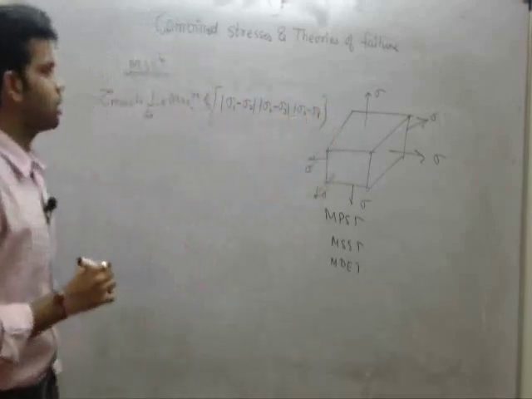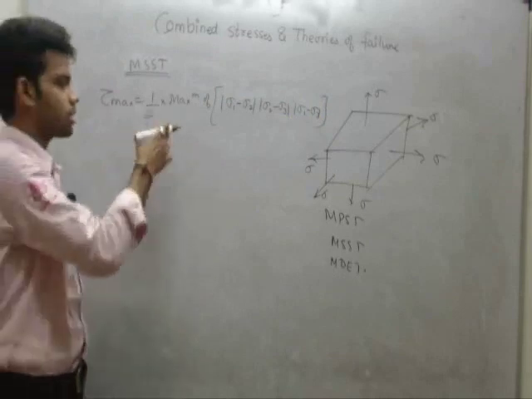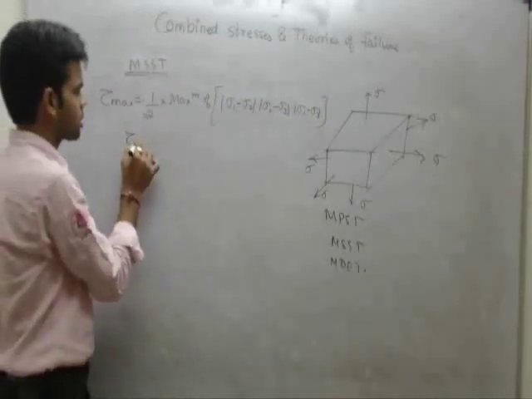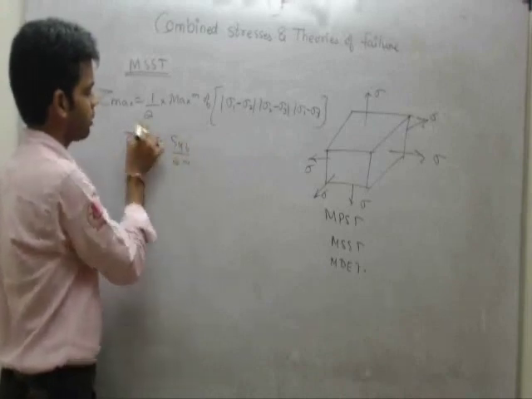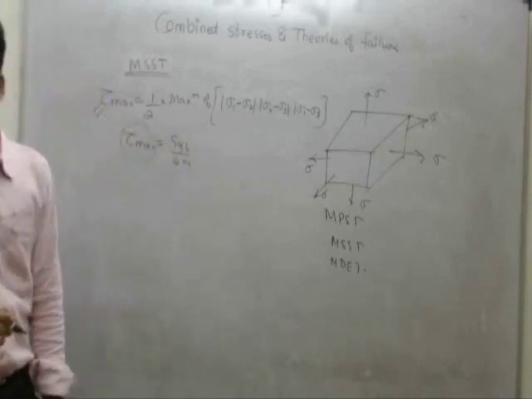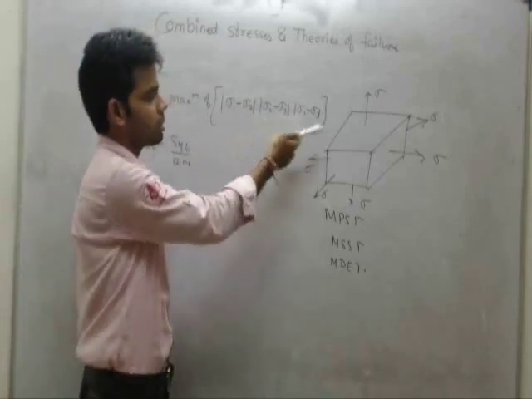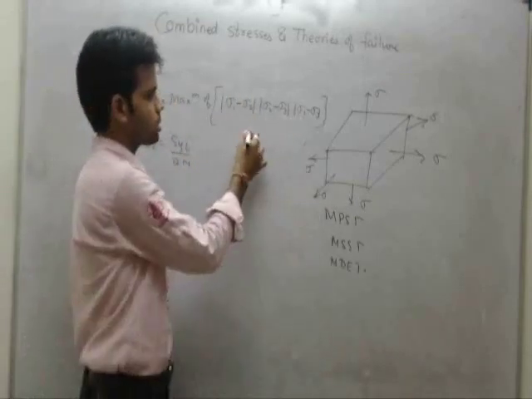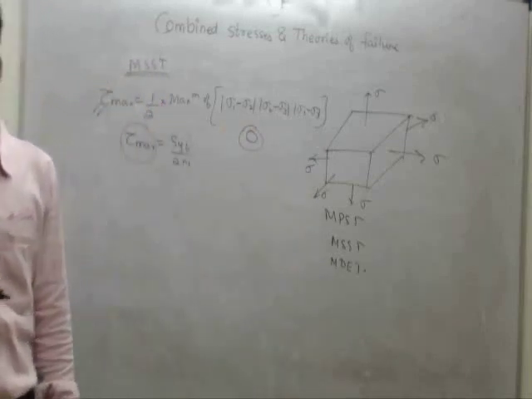This is the way of determining this tau max, and according to maximum shear stress theory, this tau max should be equal to SYT upon 2n. So for that we have to determine this tau max. Okay, and what is this tau max for this state of stress? Sigma 1, sigma 2 and sigma 3 are all the same, so this term will be 0. So this question cannot be solved according to maximum shear stress theory.